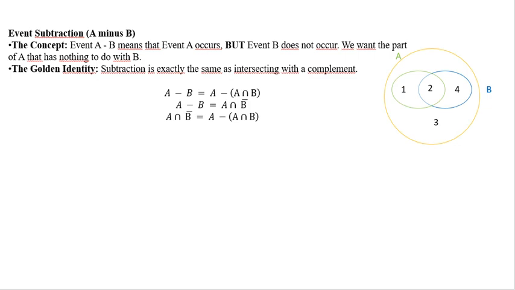So what we want exactly is the part of A that has nothing to do with B. For example, here we have B in the blue circle, 2 and 4. We have A with the green circle, 1 and 2. So here we want A minus B.